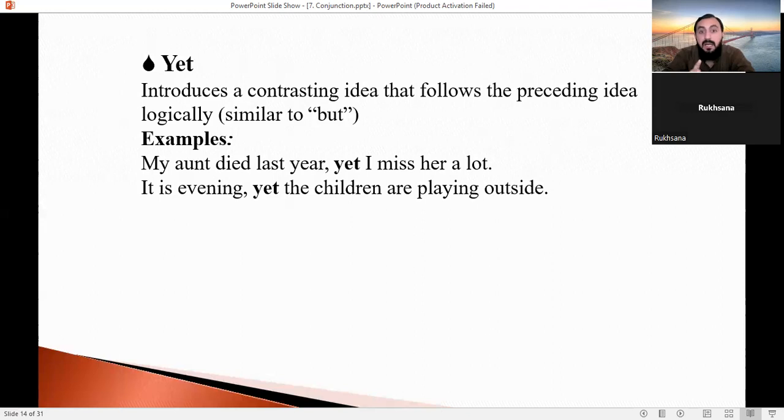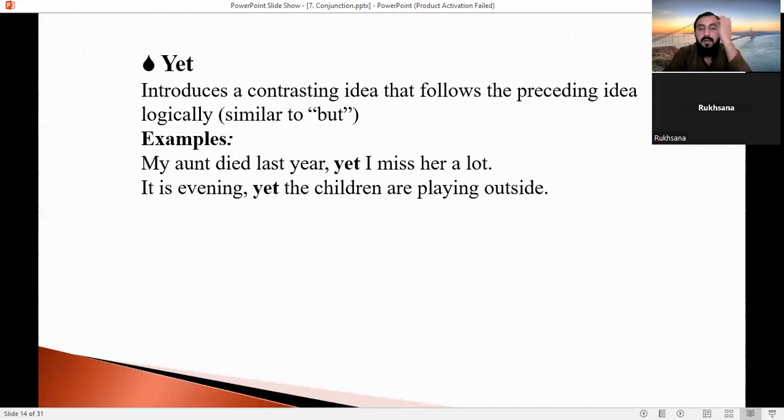It means that my aunt died last year, so one year ago she died, but I'm still missing her. So it's a surprising thing. If somebody dies, for example, two, three years ago, a year ago, and you still miss her, it's a surprising thing. So "yet" shows a surprising idea as well.